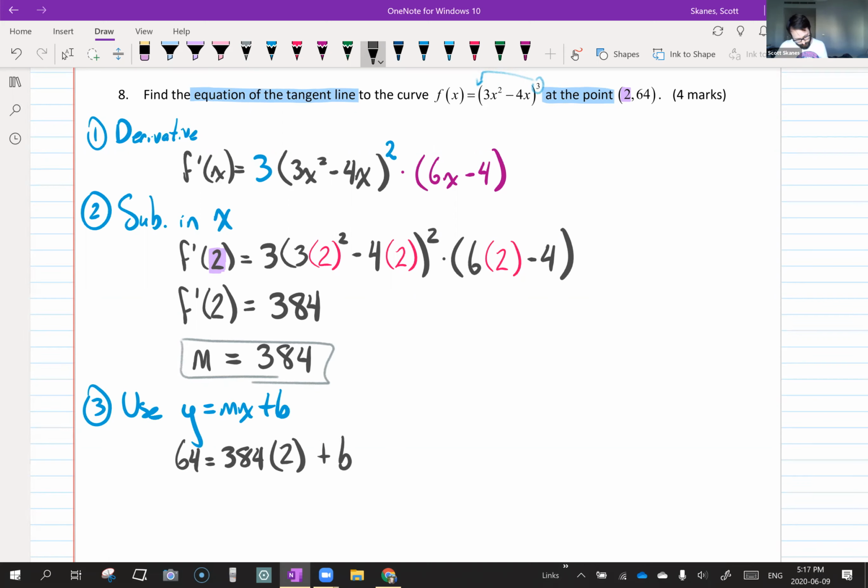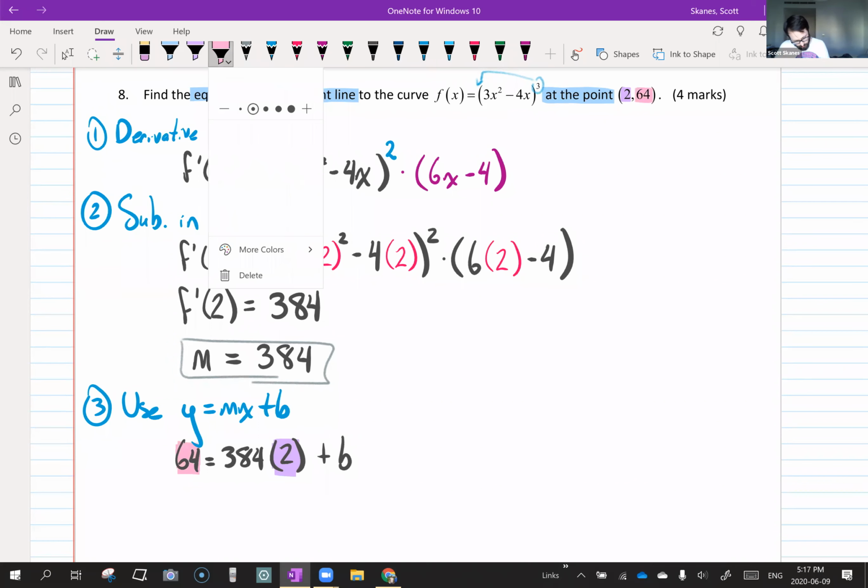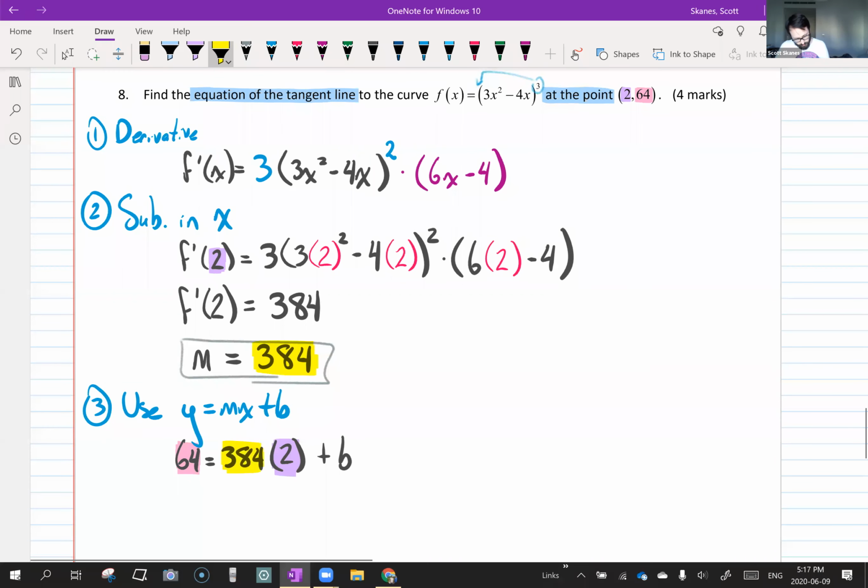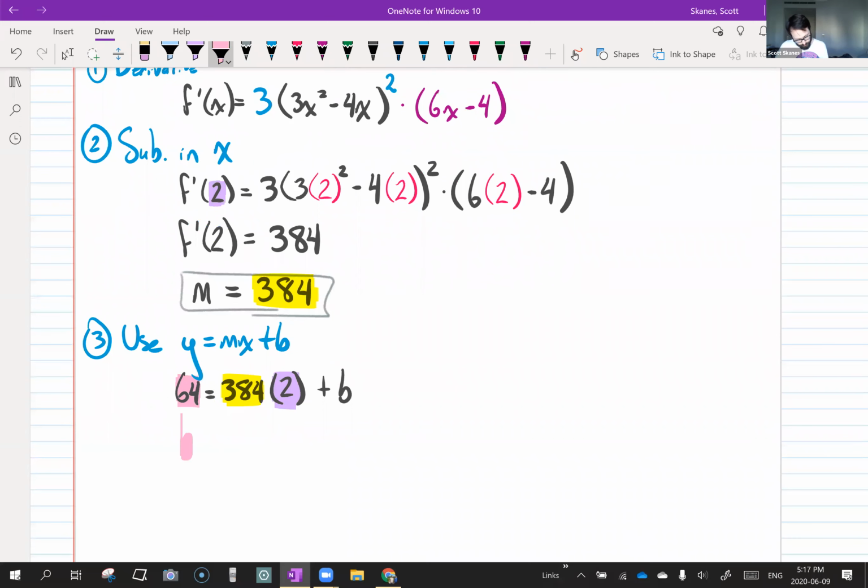Plus b. Where did my numbers come from? This is x. Y is 64. And of course, my m value, 384. So all I need to do is solve for b. Oops. B in this case will be negative 704.